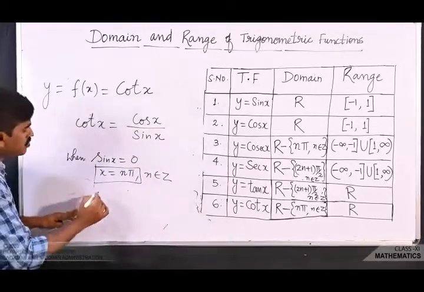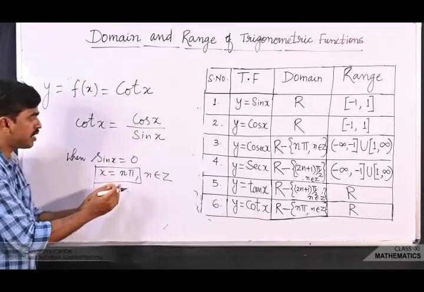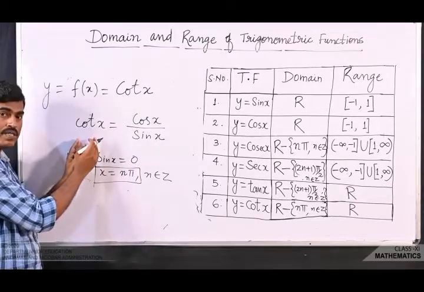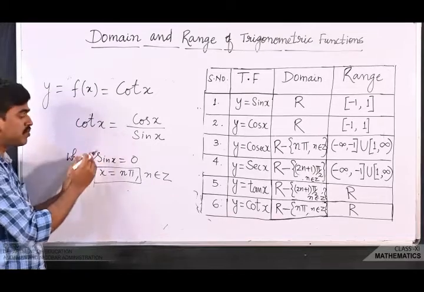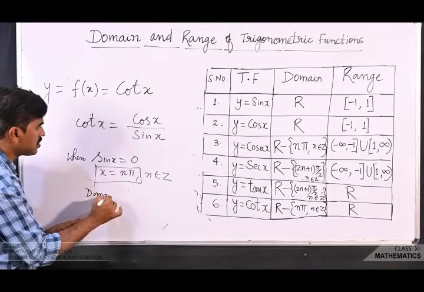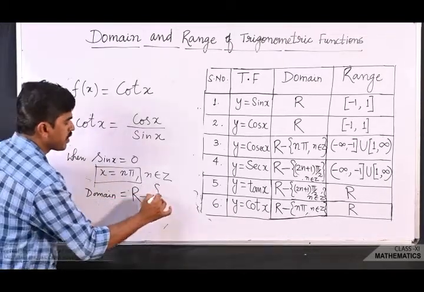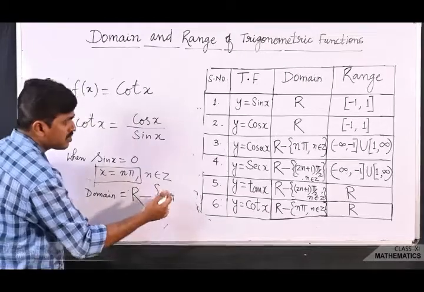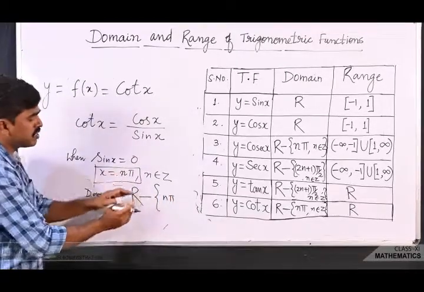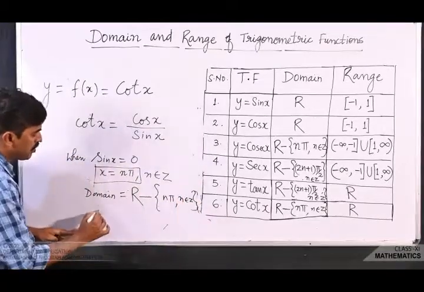So we have to subtract all integral multiples of π from the set of real numbers. It is defined for all real numbers but not for x equal to nπ. So the domain of cot x is the set of real numbers minus {nπ}, where n belongs to Z. So what about the range?